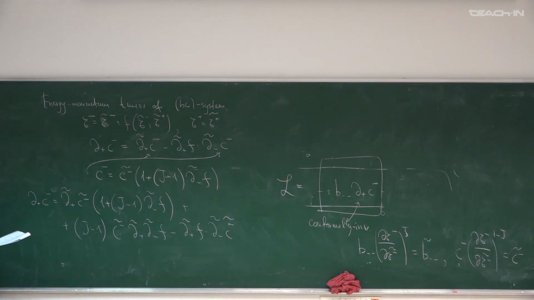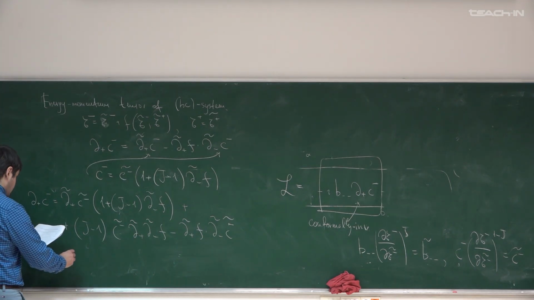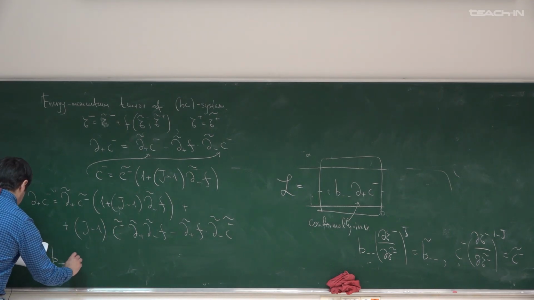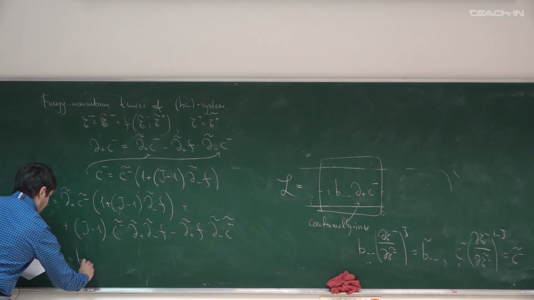This is just a formula that you get by substituting all the transformations, and then we also have the formula for B minus.